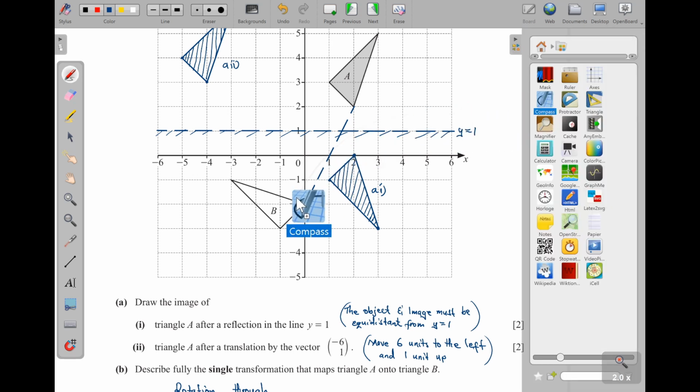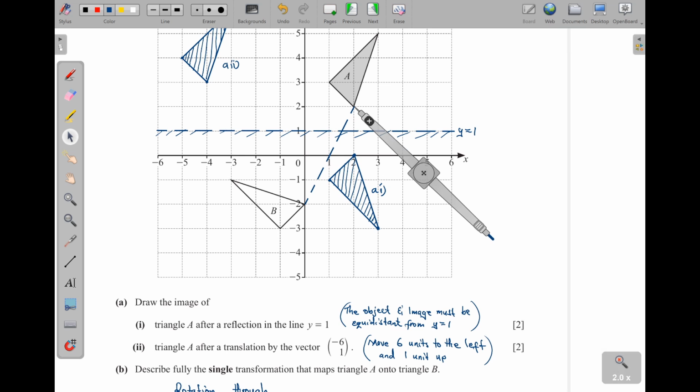So when I get the compass, we are going to put it on, let's say, this point first. Then after that, make sure that your compass goes beyond the midpoint, or maybe stretch it up to that, but mine is already above the midpoint of this line.